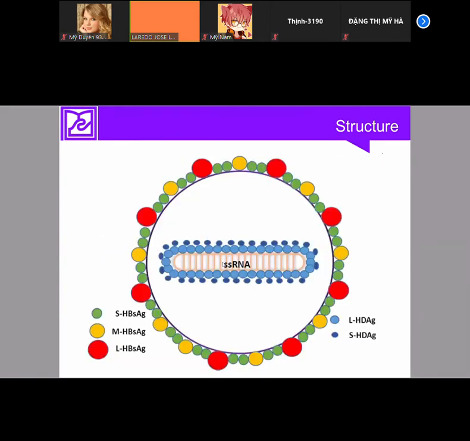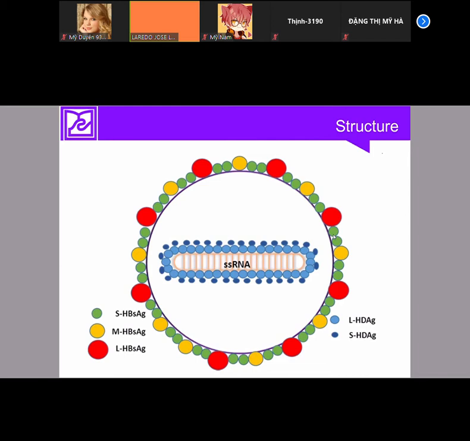This is the nucleic acid, negative single-stranded RNA. This is the envelope, and the envelope contains glycoproteins for binding host cell receptors.